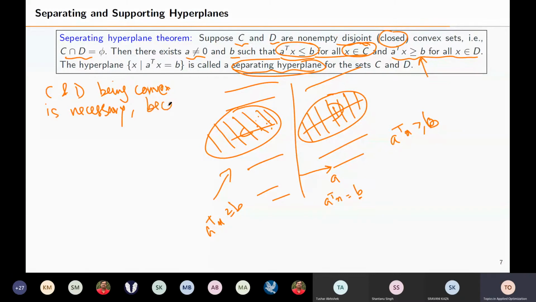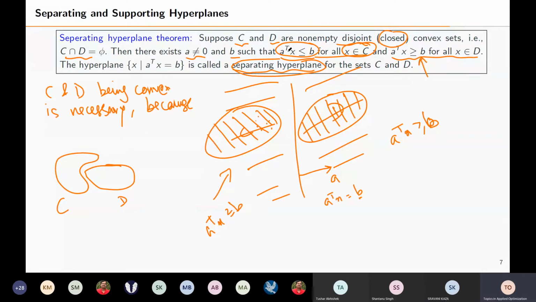Because I can give a counterexample with a diagram. So this is C, and another set I can take is something like this. This is D. Now I cannot have any hyperplane that can separate these two sets, right?